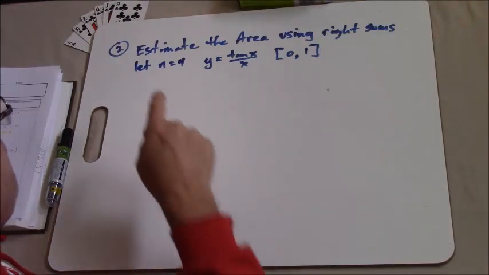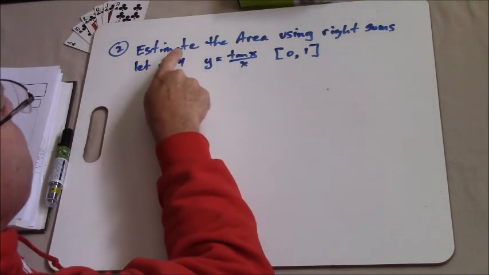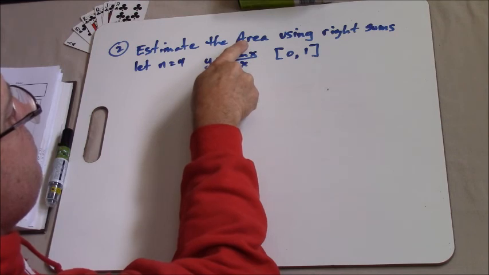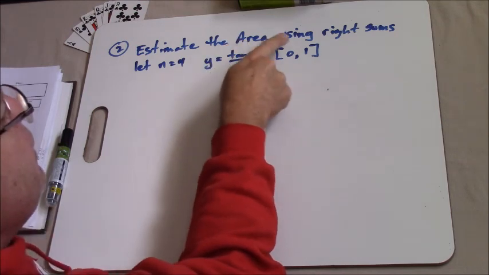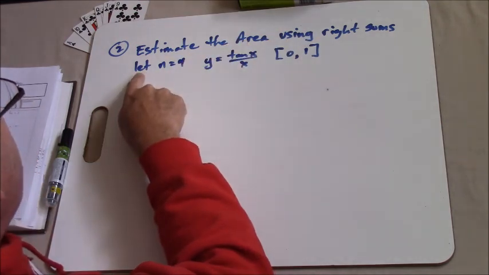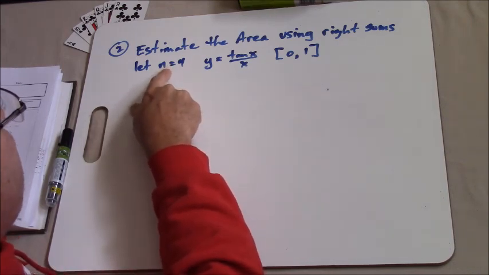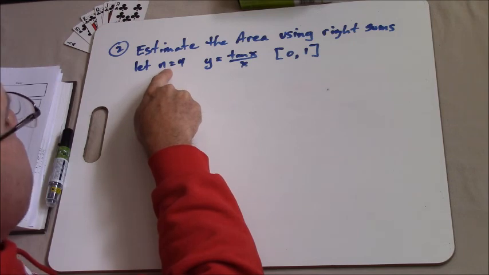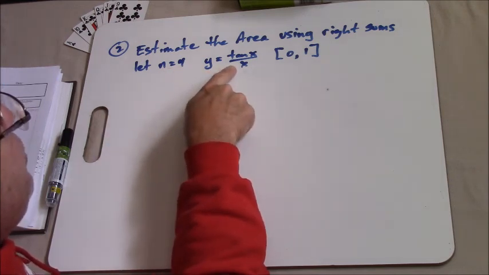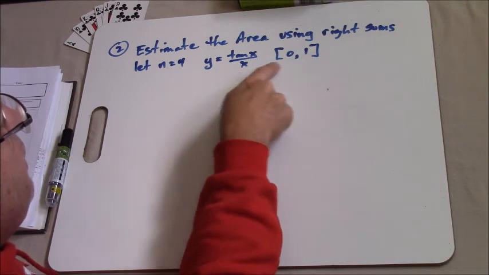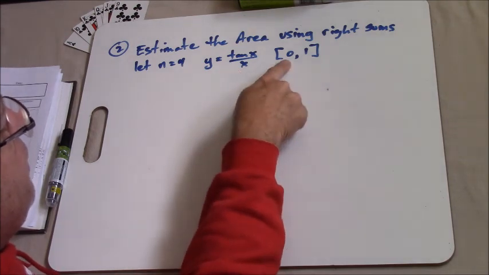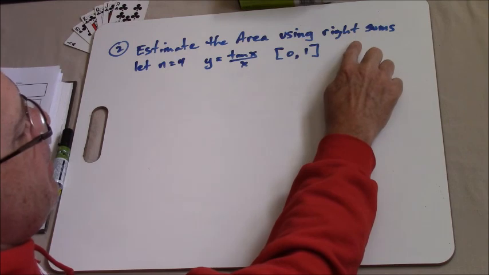For this one, we're being asked to estimate the area under the curve using right sums and let n equal 4. That's the number of rectangles we're going to use to estimate this area. Our equation is y equals tangent of x over x, and we're on the interval 0 to 1. Remember, we had a lot of different ways to do this.